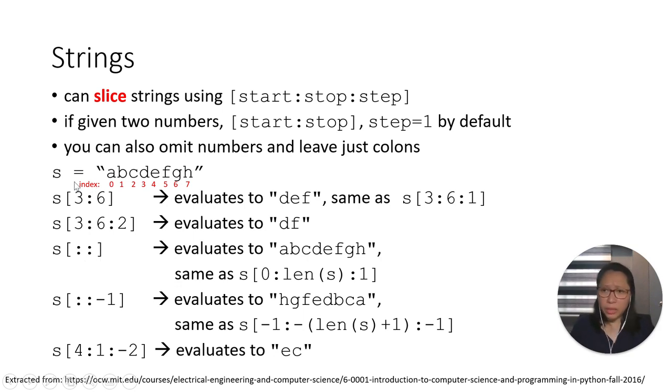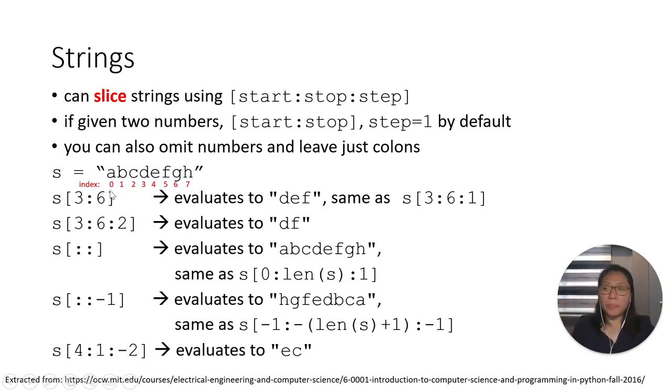Let's go through this example. Let's say we have this string value A, B, C, D, E, F, G, H, and this is assigned to the variable s. Again, we say in Python that s binds to this string object. The indices of the elements in this string are shown here in red font from 0 up to 7.